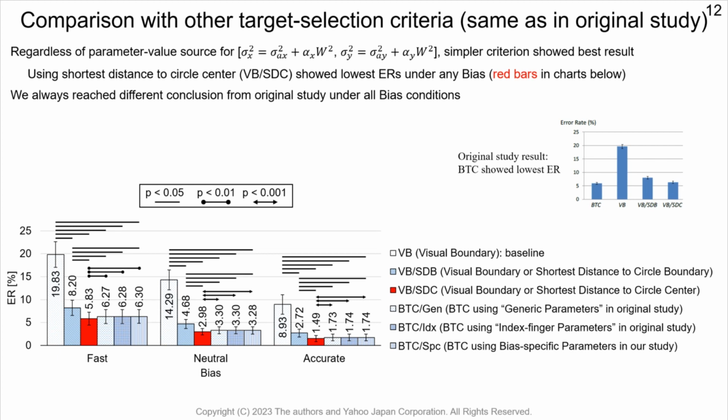In addition, BTC has 3 variations depending on which parameters are used. As a result, a simpler criterion using the shortest distance between the touch point and the target center showed the best performance under any bias. Therefore, we always reached a different conclusion from the original study.